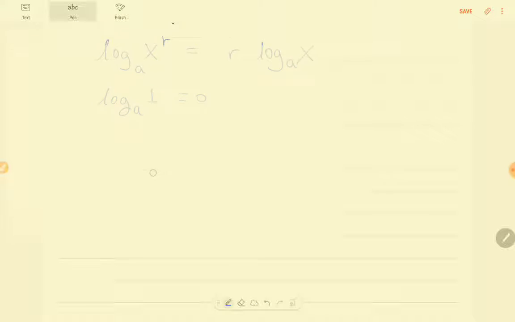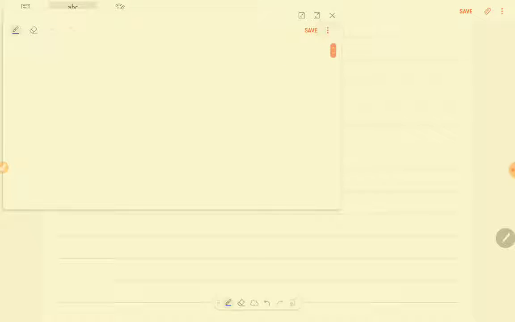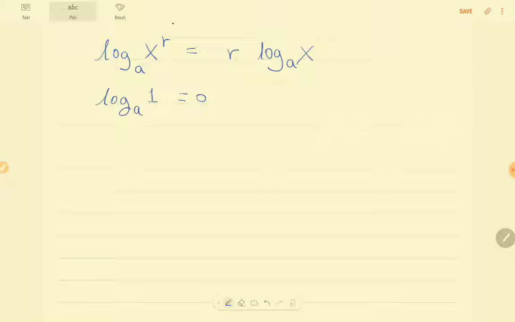And what else? The log base a of a. Okay, so when your base and your argument are the same value, what happens? What do you think it's going to be equal to? You want to try to guess? Well, if you rewrite this in exponential form, that'll be a to the power of something equals a.